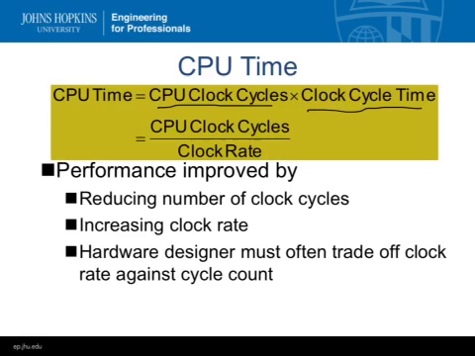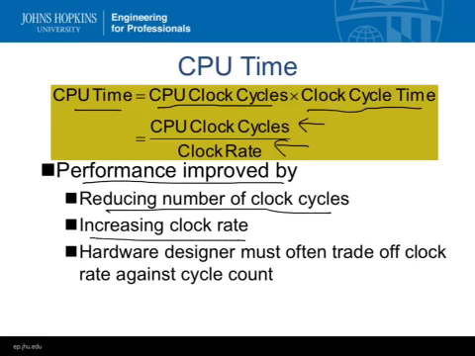And it can also be expressed as the number of cycles to run a program, which would be the number of instructions, and the number of clock cycles per instruction, which we'll talk about in the next slide, divided by the clock rate. So if you want to improve performance, and performance is defined by how long it takes to run a program, you want to reduce the number of clock cycles, or you want to have a faster clock.